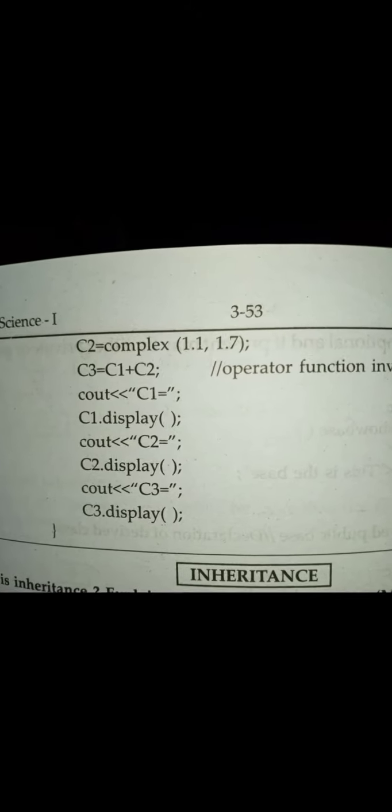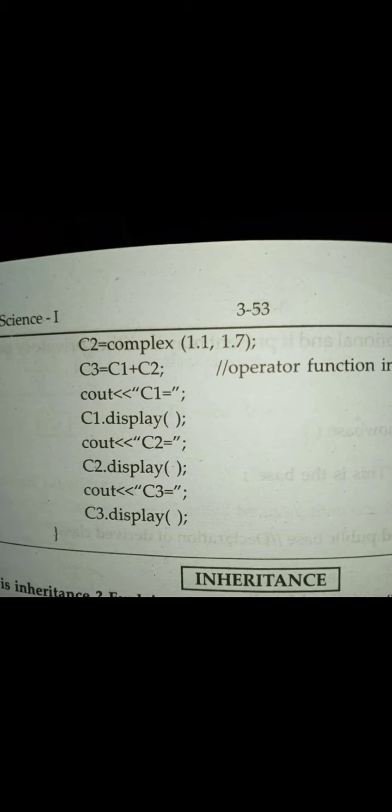Now in the main function we are taking three complex numbers c1, c2 and c3. For c1 we put the values 3.5, 2.5, that is 3.5 is the real part and 2.5 is the imaginary part, so the number is represented as 3.5 plus i 2.5. Then c2 is equal to Complex 1.1, 1.7.